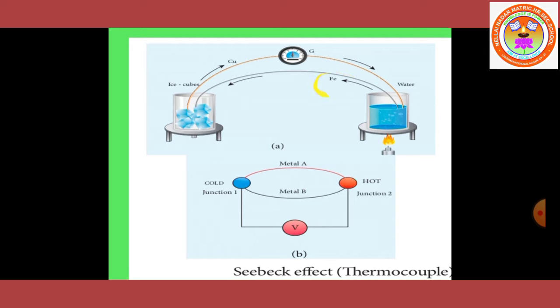By using the two dissimilar metals, iron and copper, we made the junctions. The junctions are maintained at different temperatures. One junction is placed in an ice cube, and one junction is placed in hot water. So the two junctions are maintained at two different temperatures.